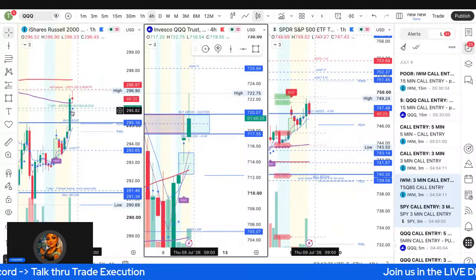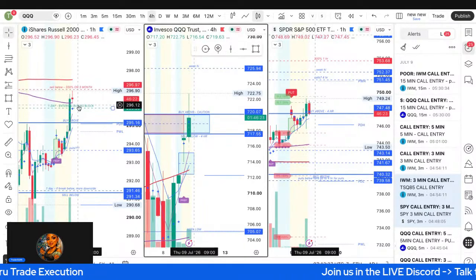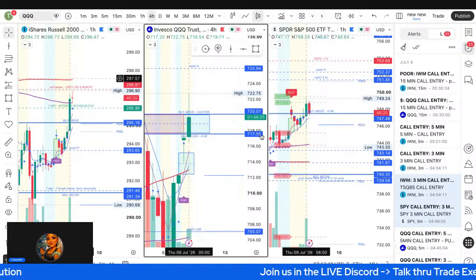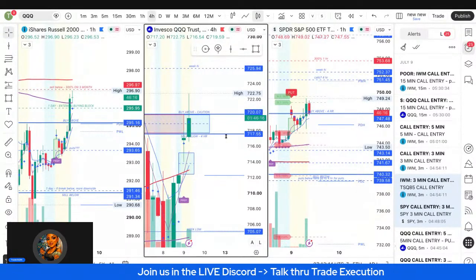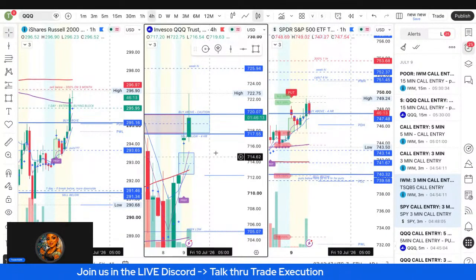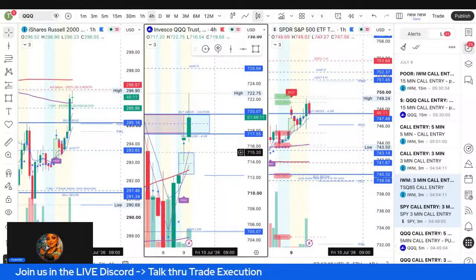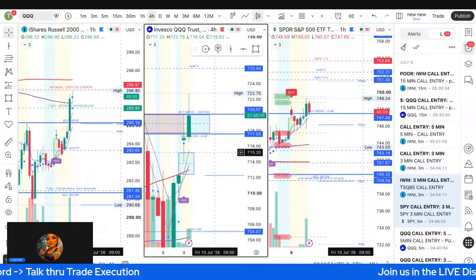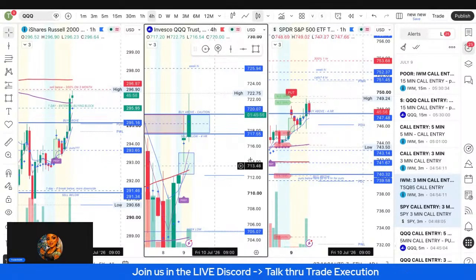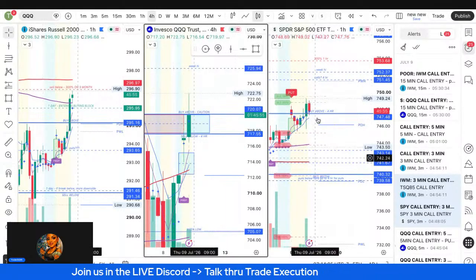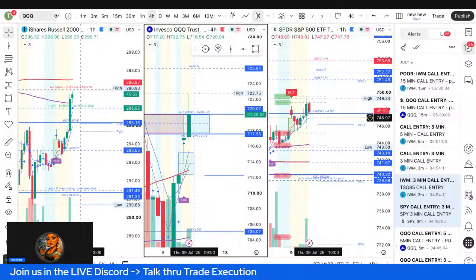I think the one that's more likely to go to more upside is IWM. That being said, QQQ has a put here, but you know how they feel about shorting on the Qs lately? This one looks like we might test the 8.